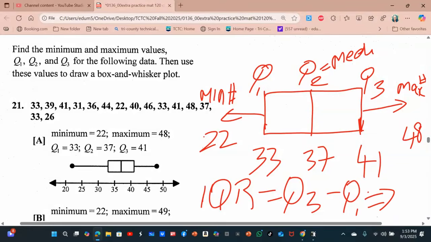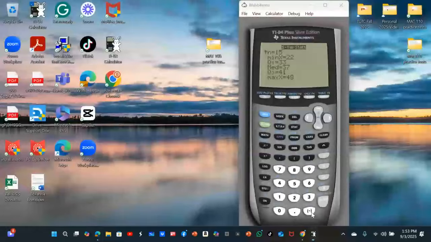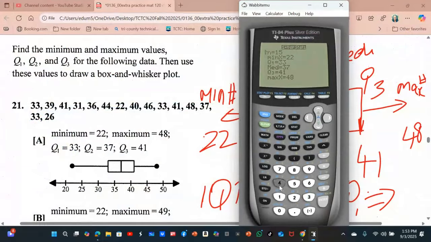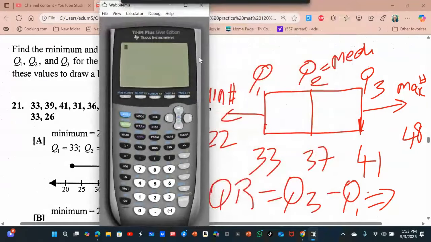And Q3 minus Q1 right here is 41 minus 33, sorry. 41, take away 33, and I have 8.